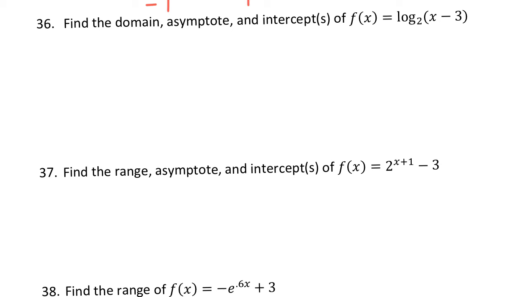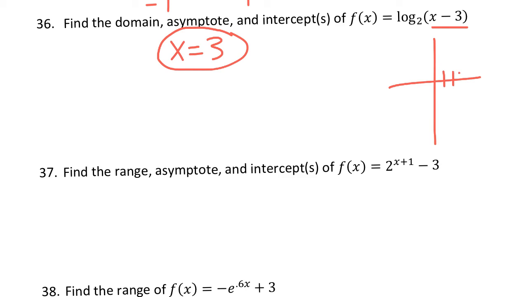Okay, so on 36, I notice it's a log problem which has a vertical asymptote of x equals 3. That tells me that over here at 3 there's a vertical line, and the logarithm will tend to go up and to the right unless there's a reflection.